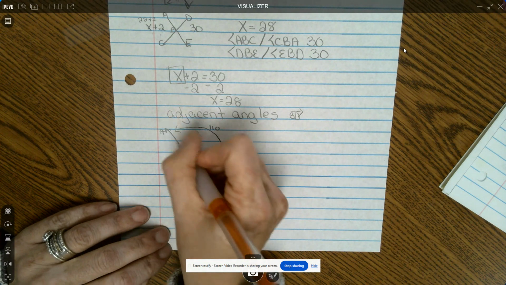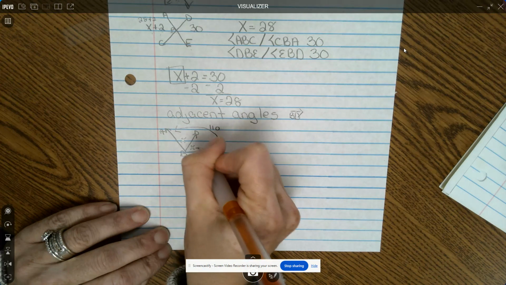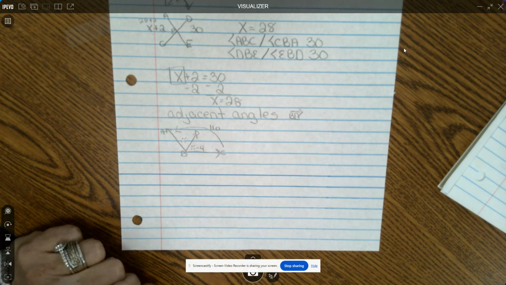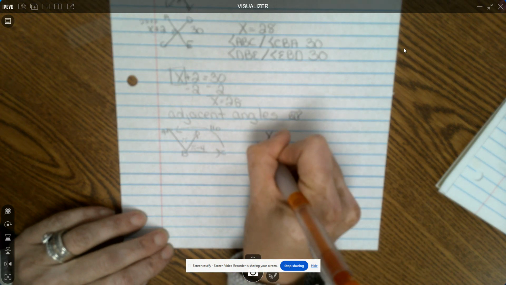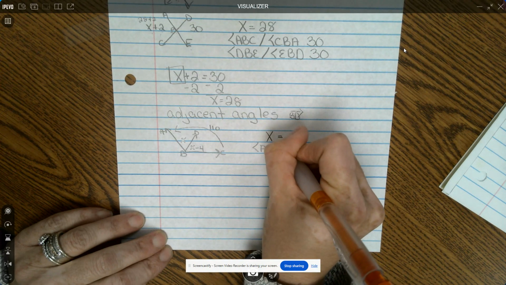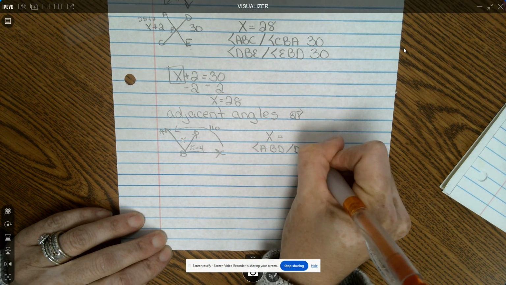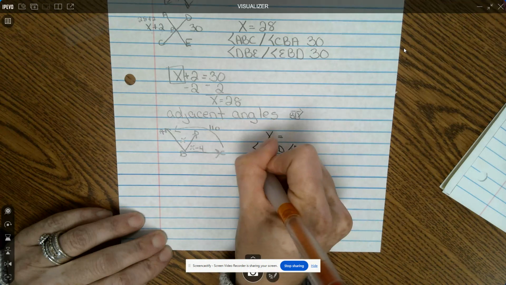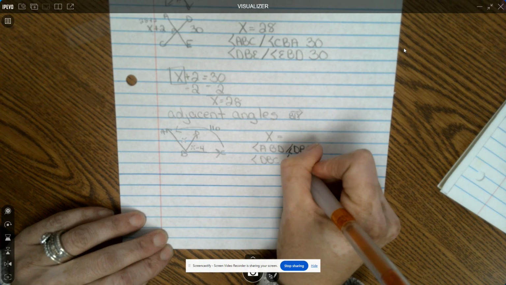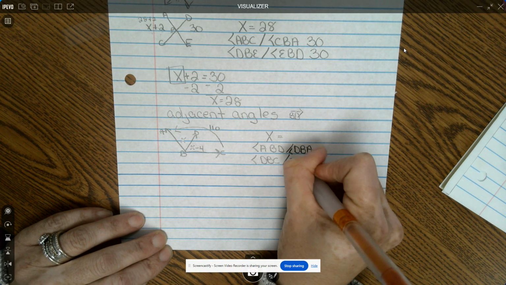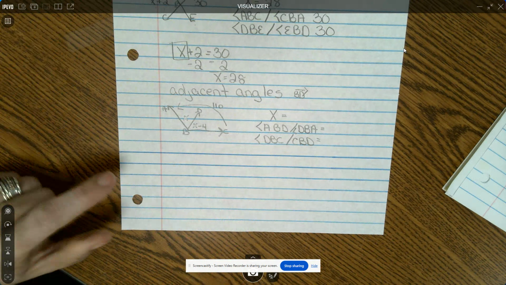Now, I'm going to throw it out here. I want you guys to tell me what x equals, what angle. Give me one second. Based off of the information I gave you, see if you could figure this out.